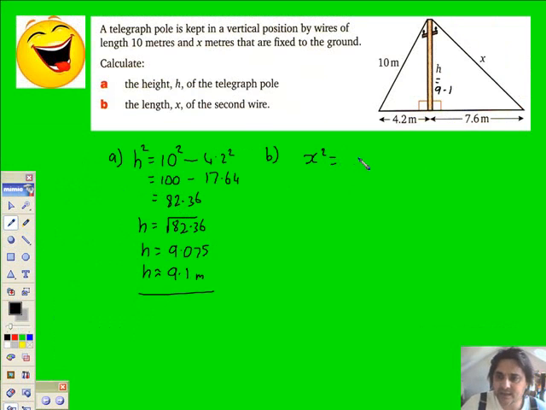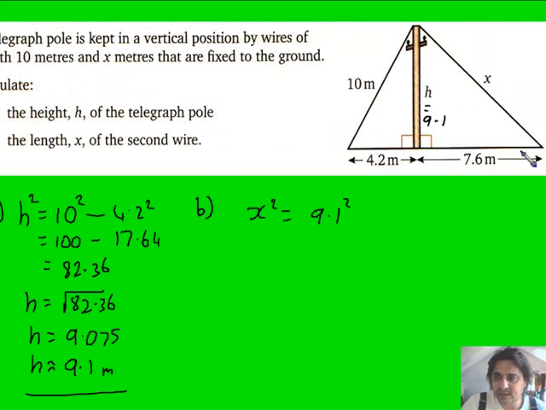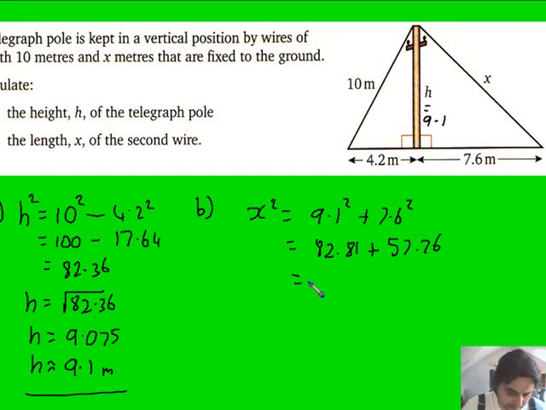We're going to add the 9.1 squared, and that's this one, and the 7.6 squared. 9.1 squared gives us 82.81, and 7.6 squared is 57.76, all together now.